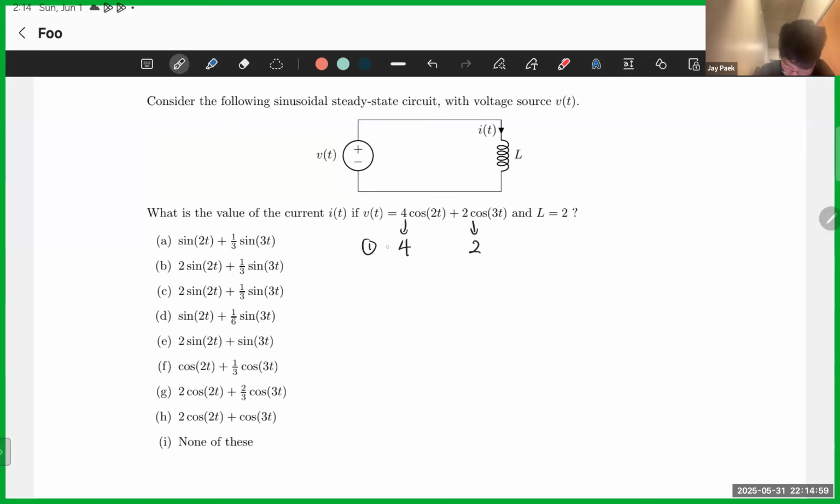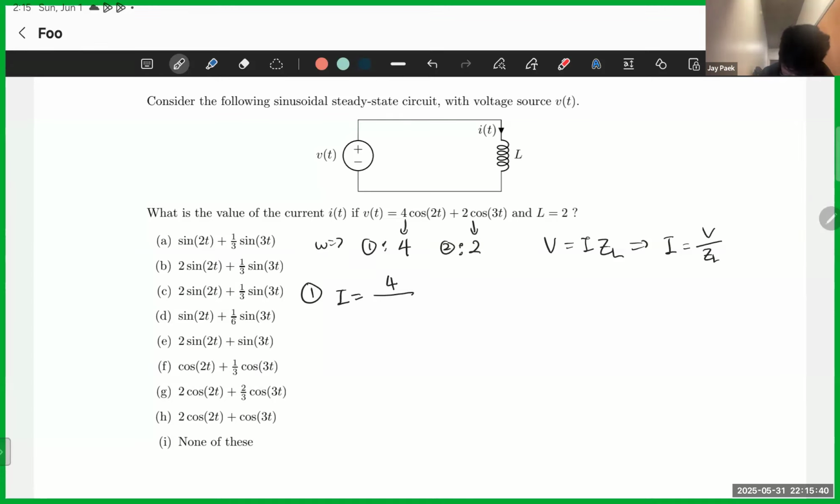And so let's consider this one to be 1 and this one to be 2. Well, we have that V is equal to I times Z_L, and this means that our current phasor is 4 over Z_L.